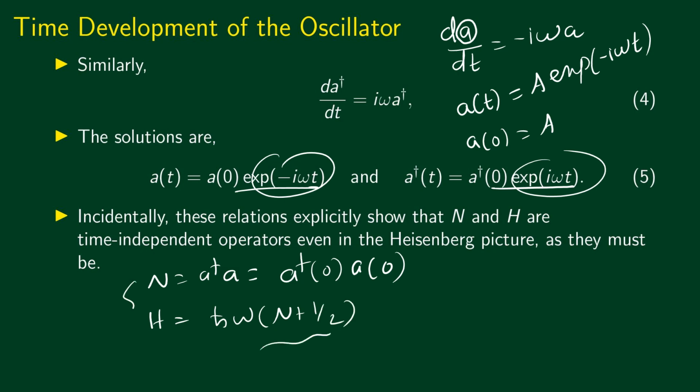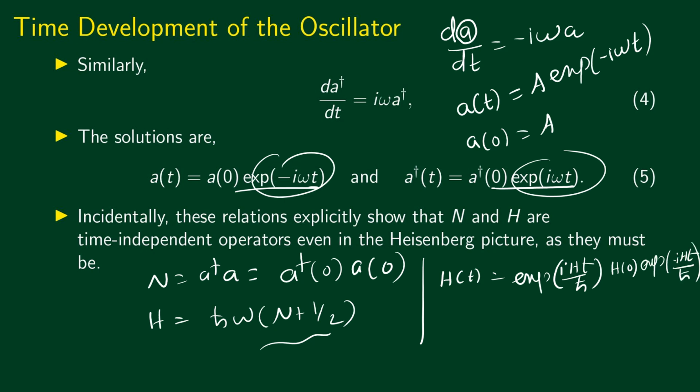Now there's nothing surprising in this, because this is something that we already knew. If the Hamiltonian has no explicit dependence on time, then in the Heisenberg picture, H(t) is equal to exponential iHt divided by ħ, H(0), and then exponential minus iHt divided by ħ.